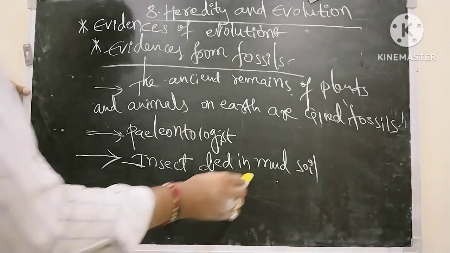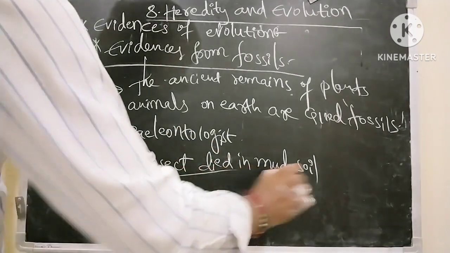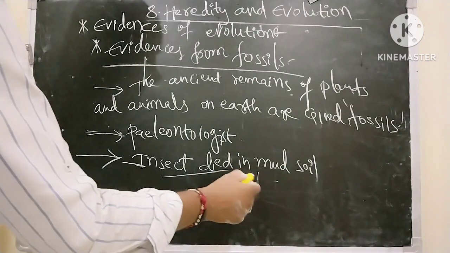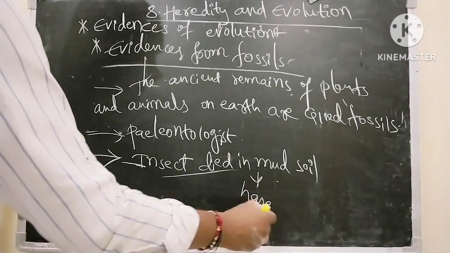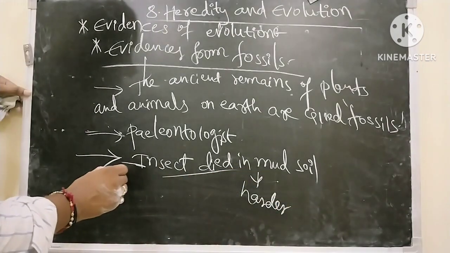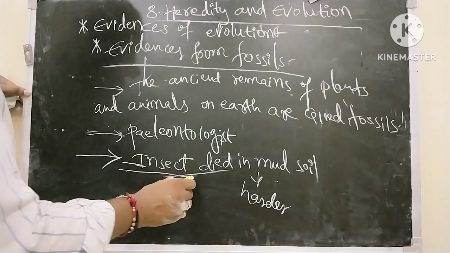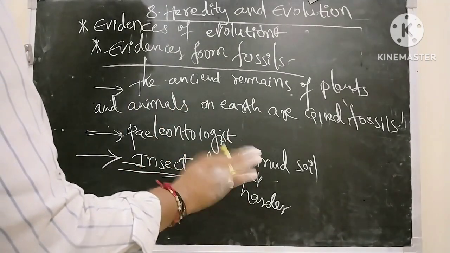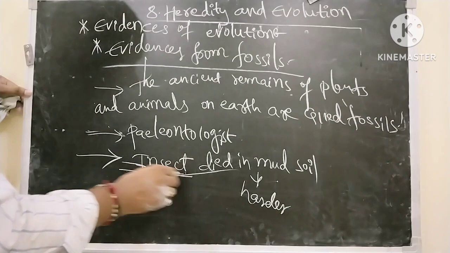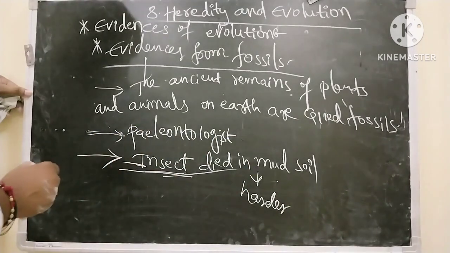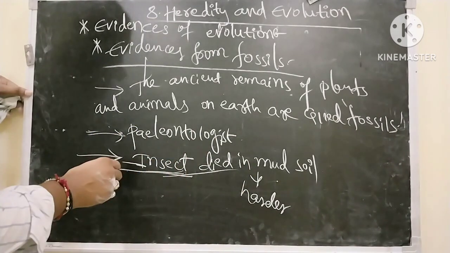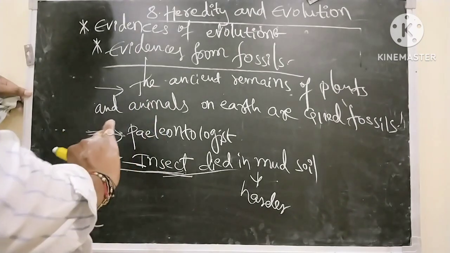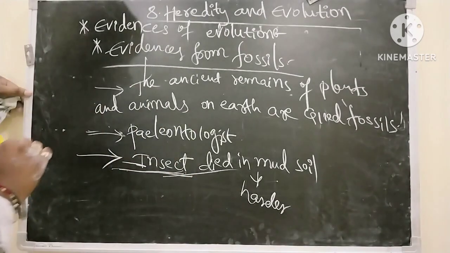But in some situations like this, when an insect dies in mud soil and the mud soil becomes harder, the body impressions of the insect stick on the mud soil without any damage. The prints of the insect and its body parts stay as they are, stuck in the mud soil.